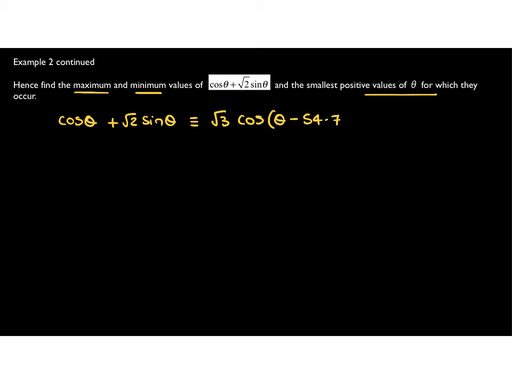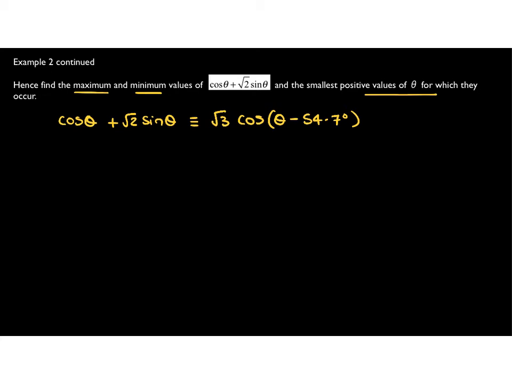So what can we now do with this question? Let's look at part 2. Hence find the maximum and the minimum values of this function and the smallest positive values of theta for which they occur. So we now know that cos theta plus root 2 sine theta is equivalent to root 3 cos theta minus 54.7, and of course that's a rounded angle.